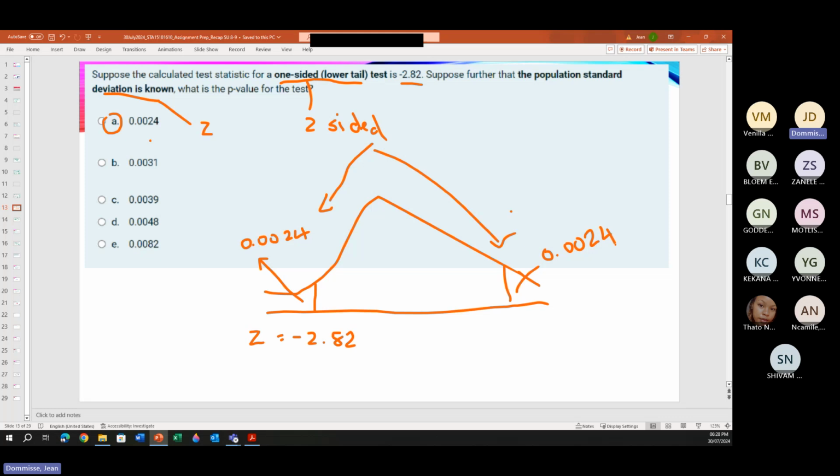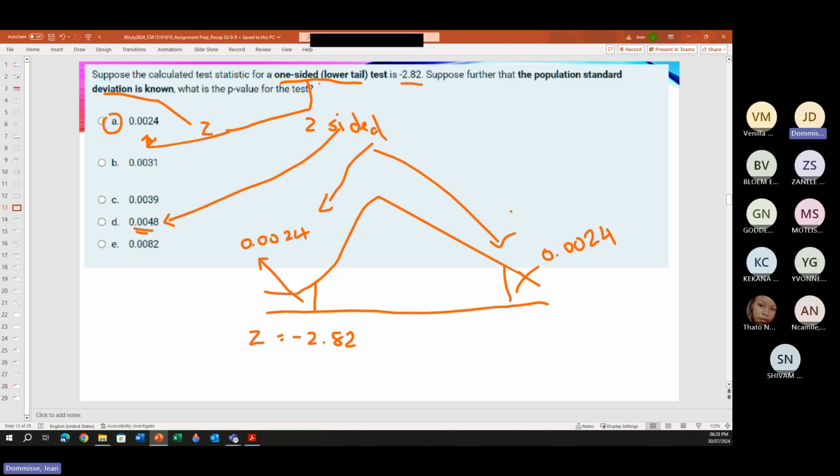Then it would have just been that multiplied by 2, and the answer would have been D. So if it was two-sided, our answer would have been D. This one is one-sided, so that's why the option is option A. So just again, be careful between the one-sided and two-sided.